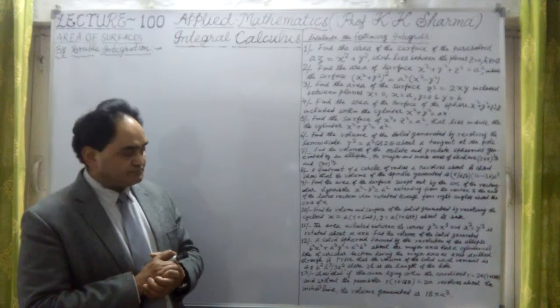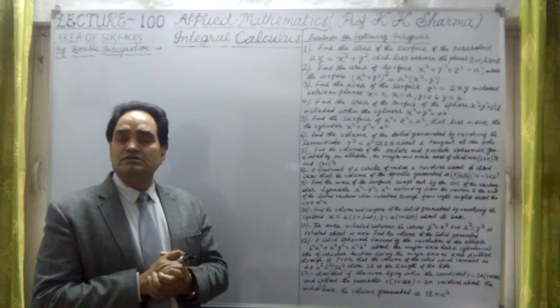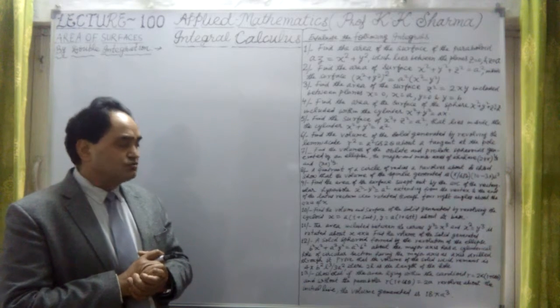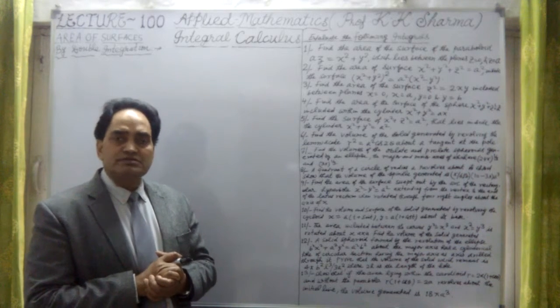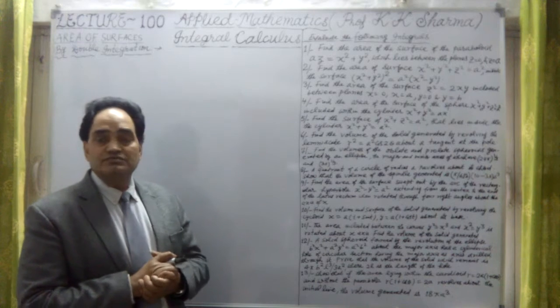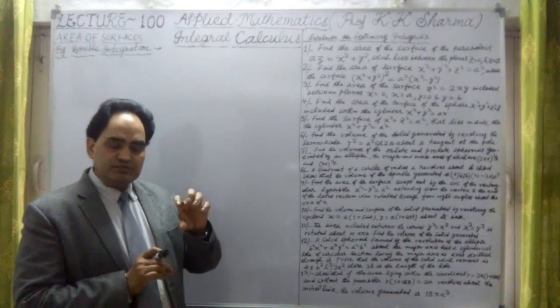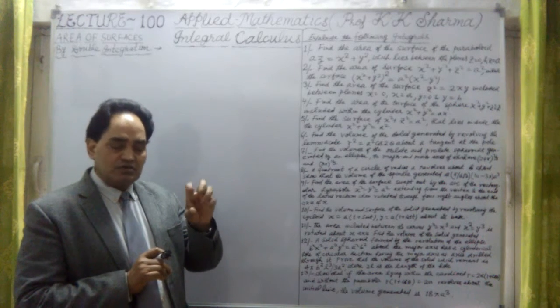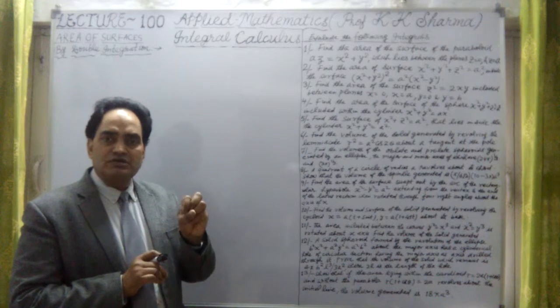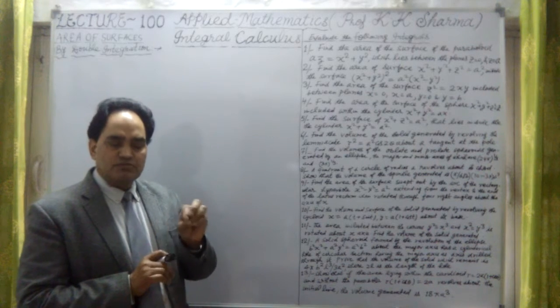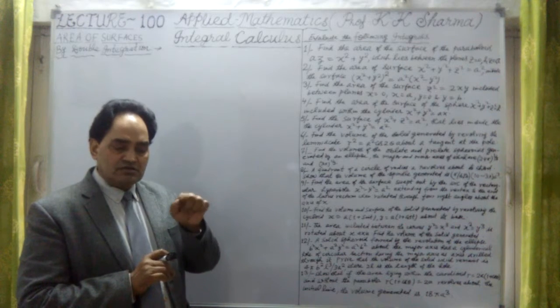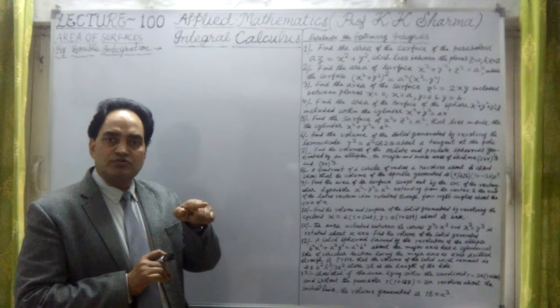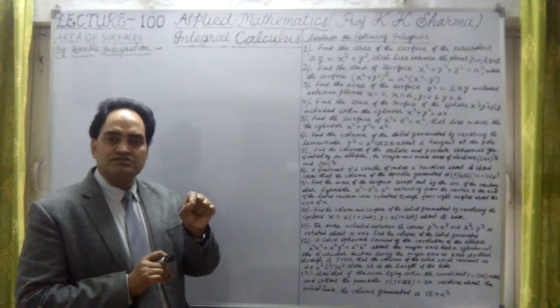Now, in this case, suppose your function z equal to f(x, y) is given. Now in this surface we have to take an elementary element. Let me take P(x, y, z), a point in this surface, and around this point P there is an elementary space.